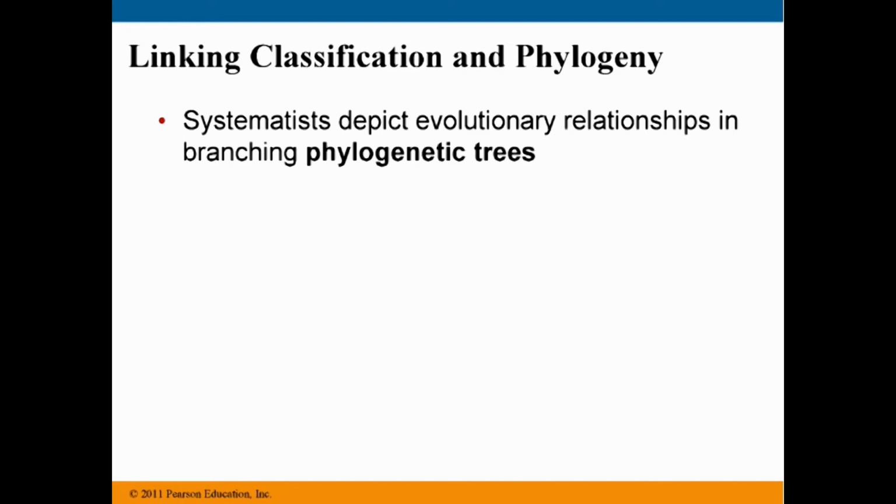A phylogenetic tree is a schematic diagram, very similar to the one that Darwin put forward many years ago, showing the base or trunk of the tree as the common ancestor, and the branches as those organisms that diverge from that common ancestor.